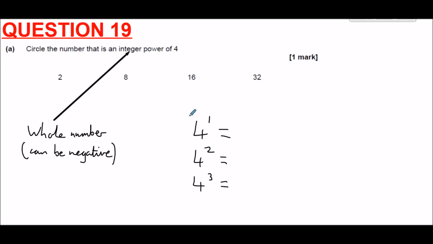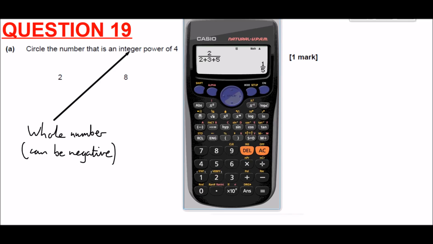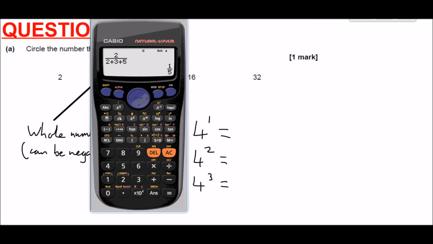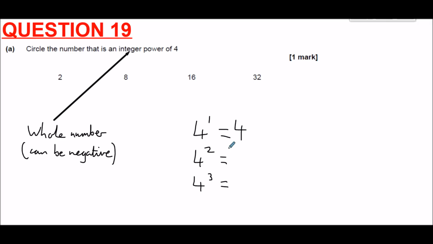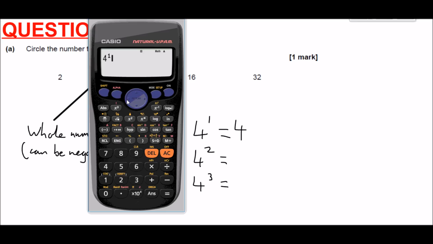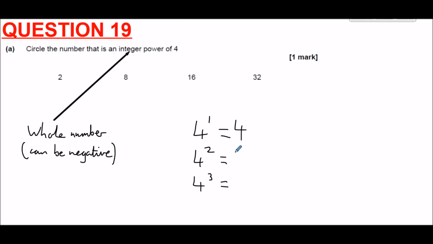So as long as this power of 4 is a whole number, that is known as an integer power of 4. So we can try these values here. 4 to the power 1, let's see what that gives us. Anything to the power 1, by the way, is just the number itself. But if in doubt, we can try it here. So 4 to the power 1 is 4. 4 squared, 4 to the power 2 is 16.